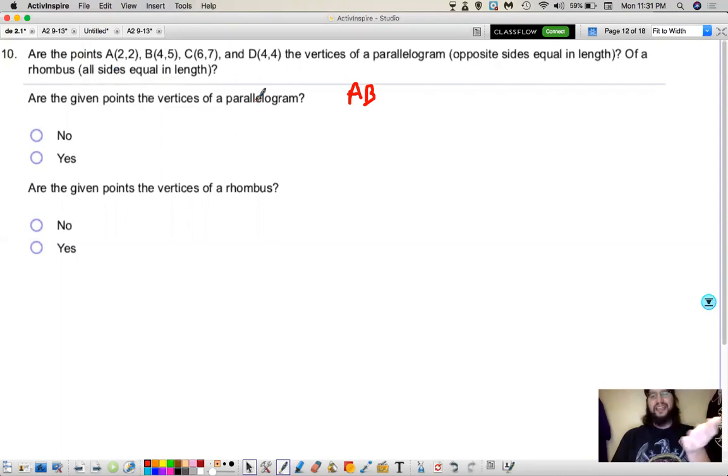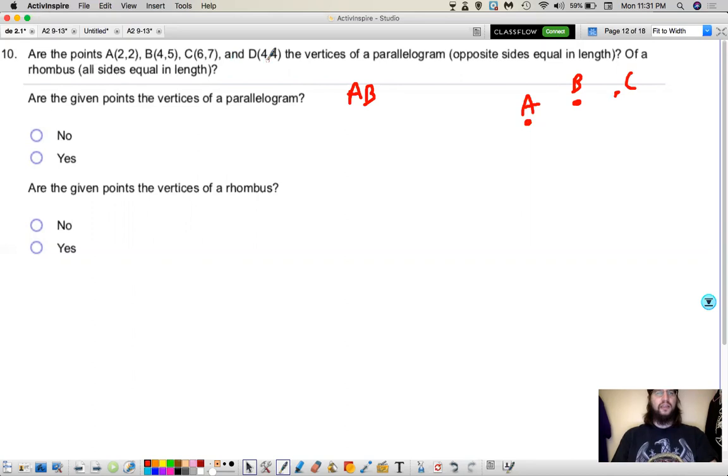Now we could sketch it to see what it looks like, but for now, I'm going to assume it's ABCD. Let's see if that makes any sense. So we'd have A, B, C would be even higher and further to the right.